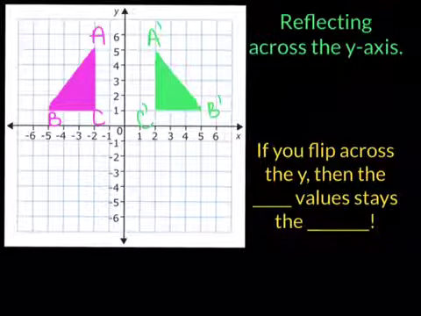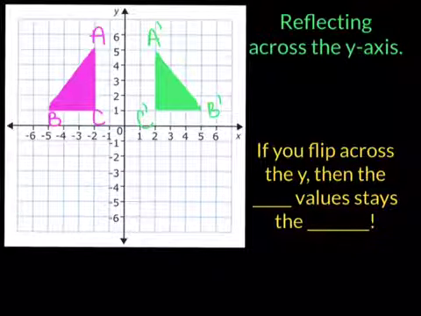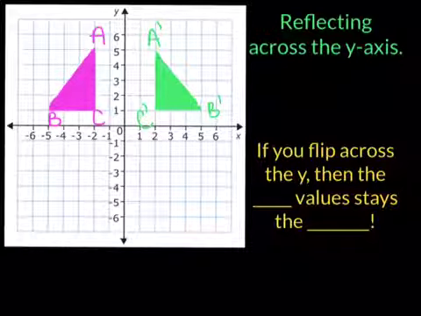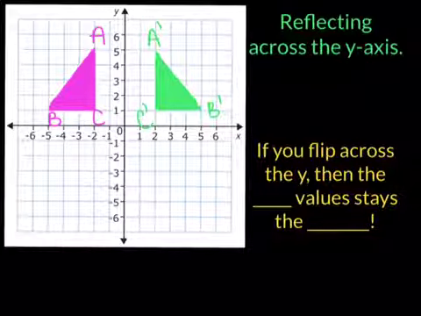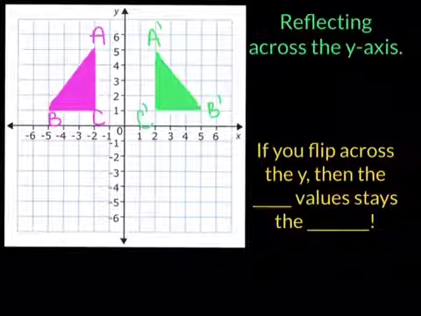Now, when we are looking at reflections over the x-axis and reflections over the y-axis, they look totally different, okay? So, we have to really pay attention to what we're looking at, okay? Now, obviously, this one is across the y-axis. It says it in bright green, all right? But I want you to look at, first of all, which one's my new one, okay?